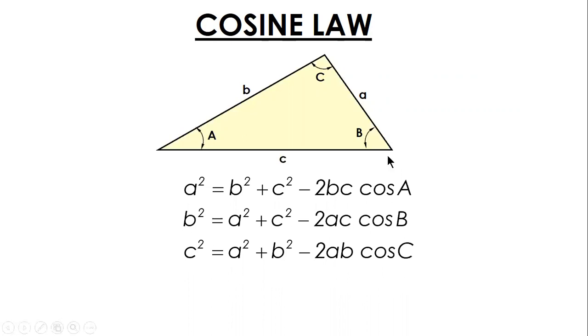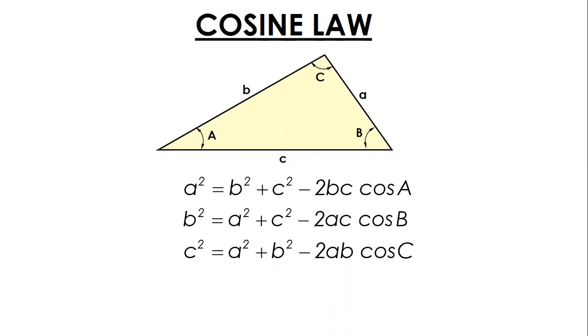Now, in a triangle, in order to solve it, 3 parts must be given. So 3 parts, it's either 3 sides given, 2 sides and 1 angle, or 1 side and 2 angles. If 3 angles are given, it's not possible, unless there is an additional condition.